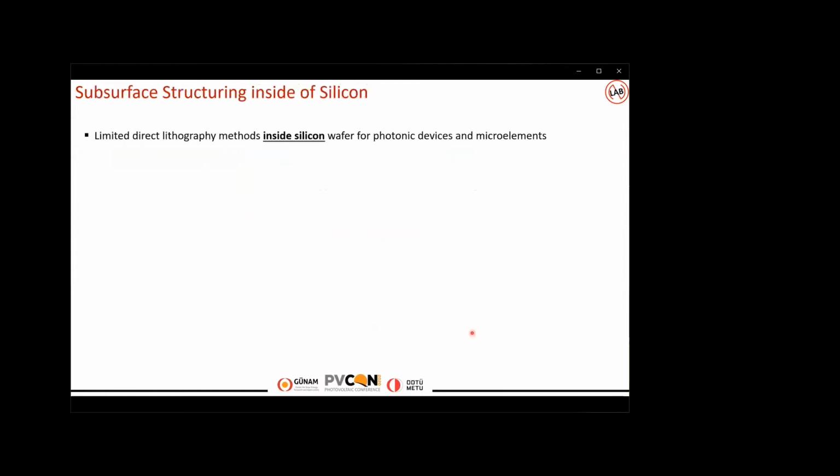So, subsurface laser processing is beneficial because current lithography methods don't allow fabrication of devices or microelectronics directly inside the silicon wafer.